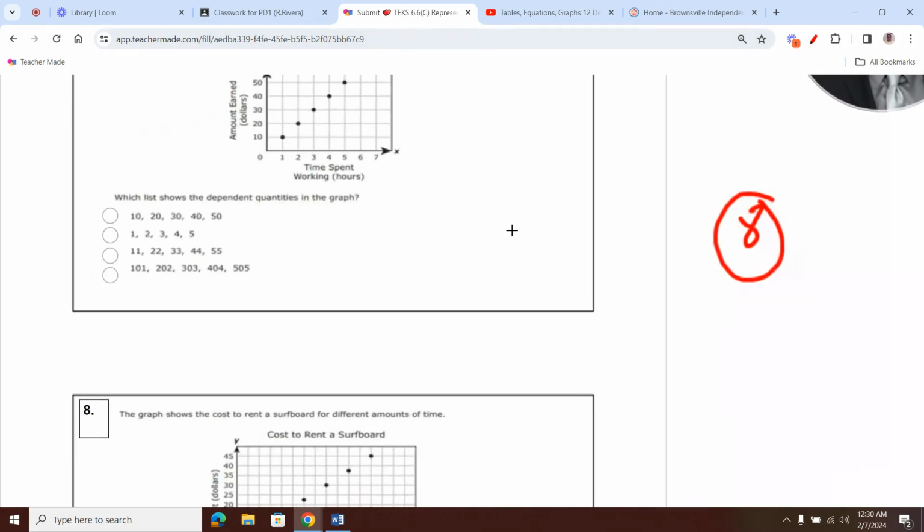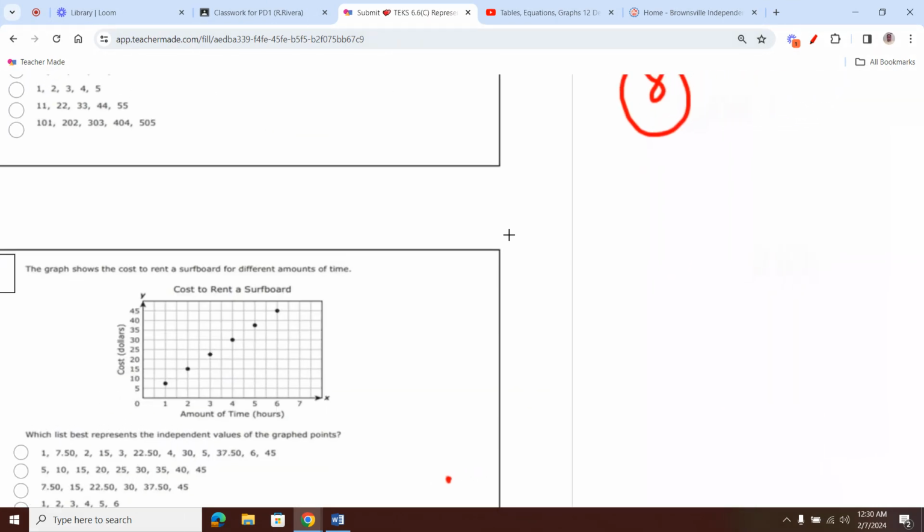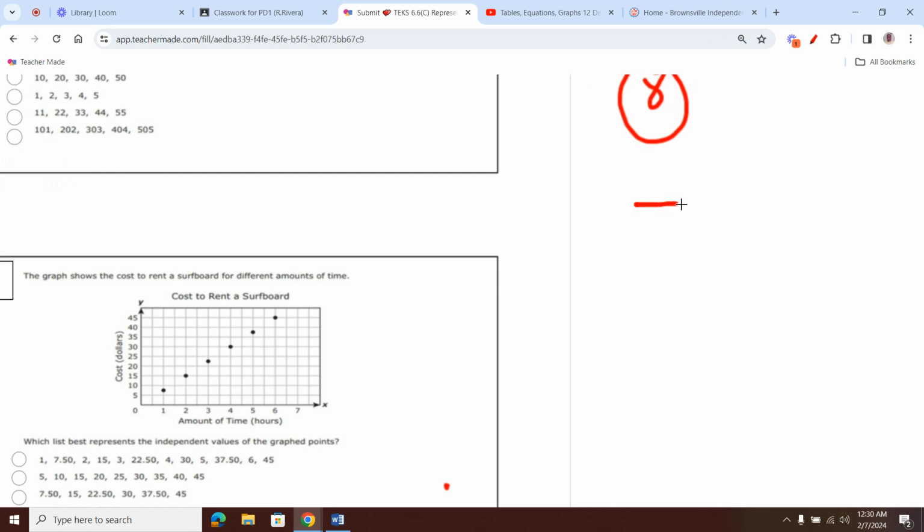I already told you when you have a graph, your first job is to create a table. And we're going to get them all, not just a couple. So let's go to the first point. The first point, we have 1, and it's in between 5 and 10.